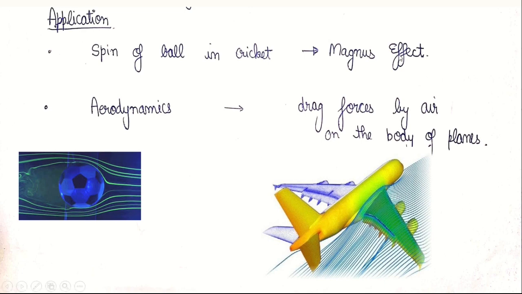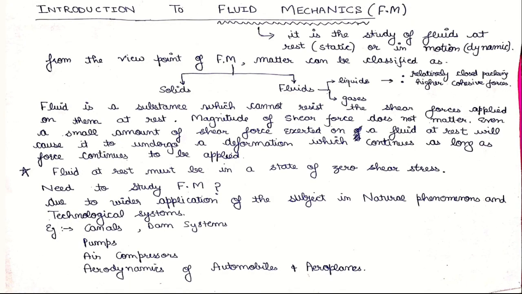Fluid mechanics says that there is a phenomenon named the Magnus effect, due to which a pressure difference is generated between the sides of the ball, due to which the ball moves from the higher pressure side to the low pressure side. Also, we apply this subject in aerodynamics, in canals, dam systems, and many more applications are there. So these are the notes. You can go through them.